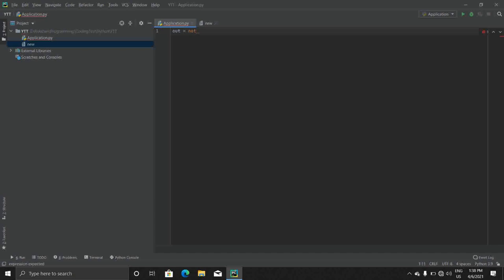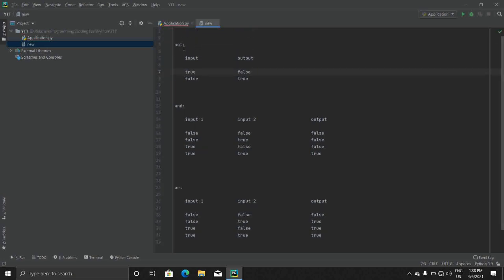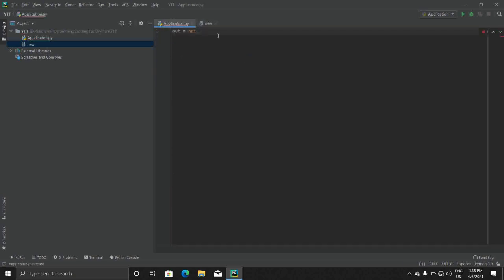Now let's put our value. You saw there is one input to the not Boolean operator. Let's give true as input. Now let's print the answer.